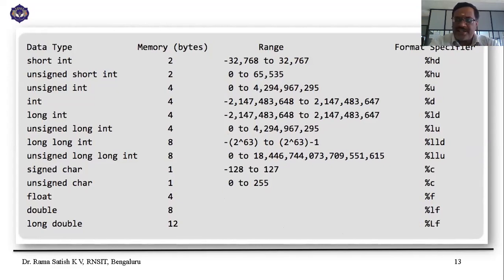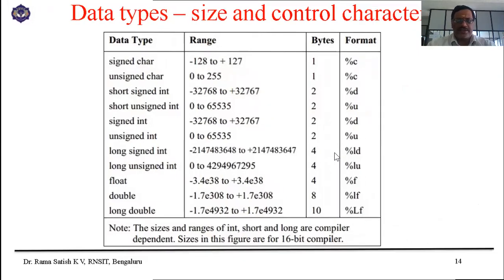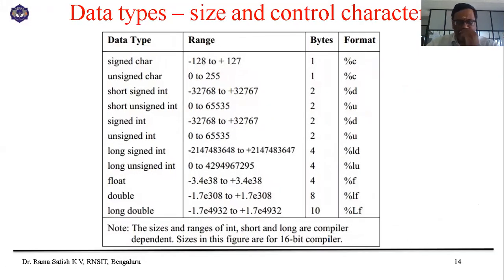So you have already studied C in the first semester. Of course, this is again a continuation of it. So you should never forget, right? And moving further, the same thing has been specified here, which is normal size and their control strings.